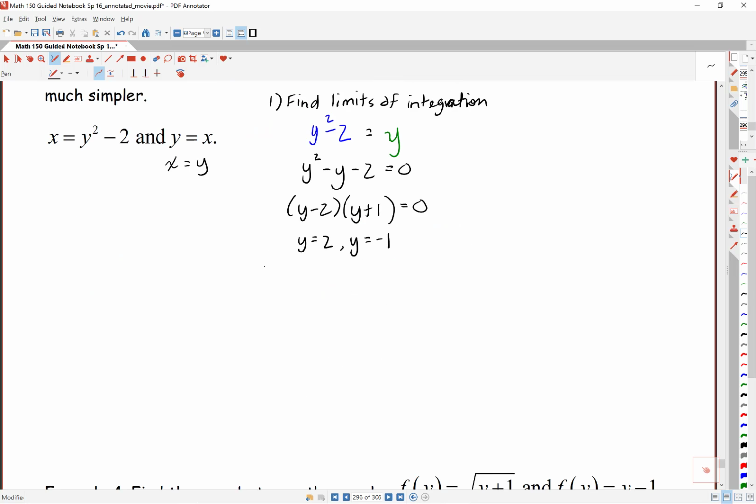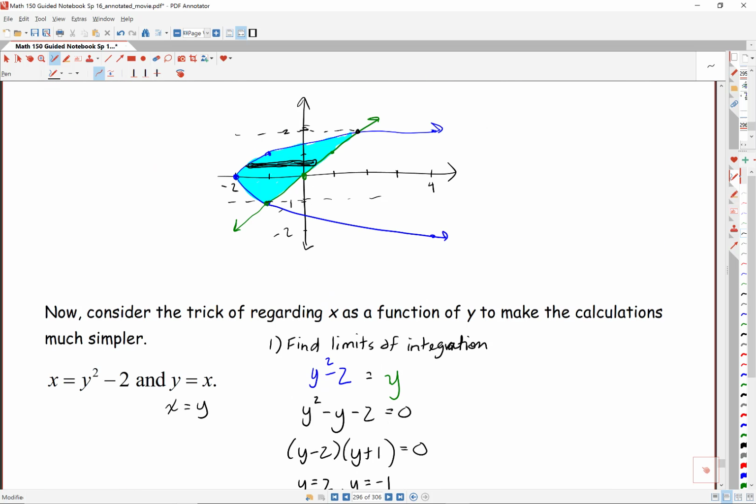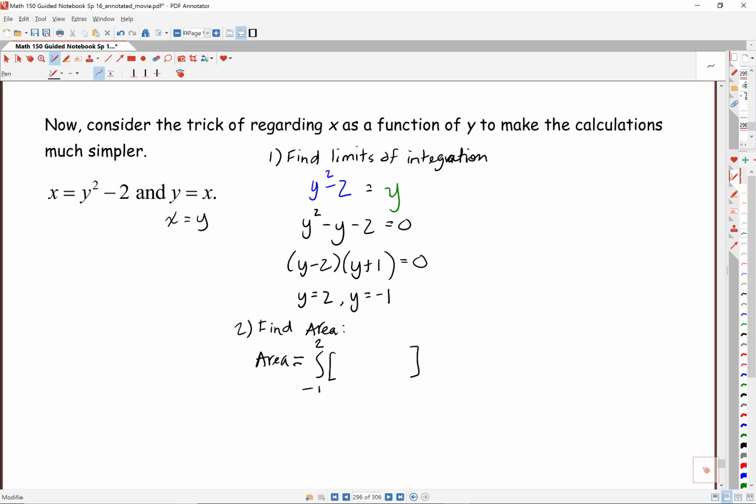When we go to find the area, right? So our area will be equal to the integral from y is negative 1 to y is 2 of, now remember our rightmost graph is the graph x equals y, right? So we use the y.